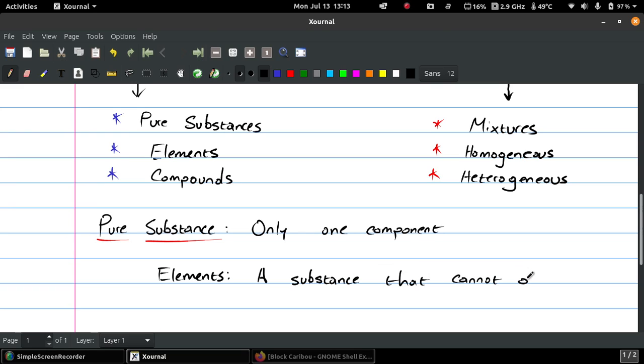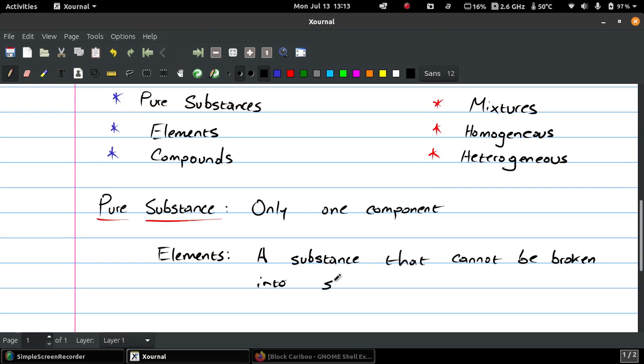Cannot be broken into simpler substances. I guess I probably should have done that in blue, but whatever.